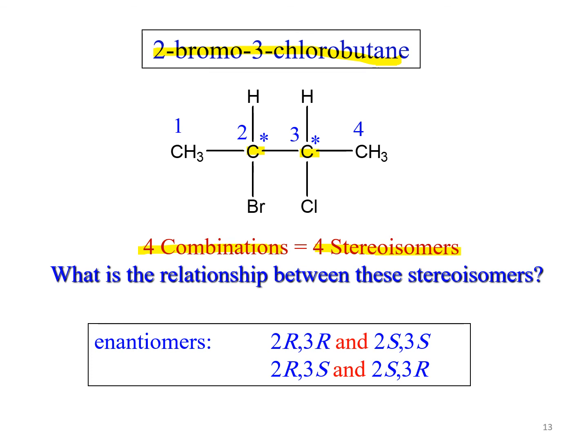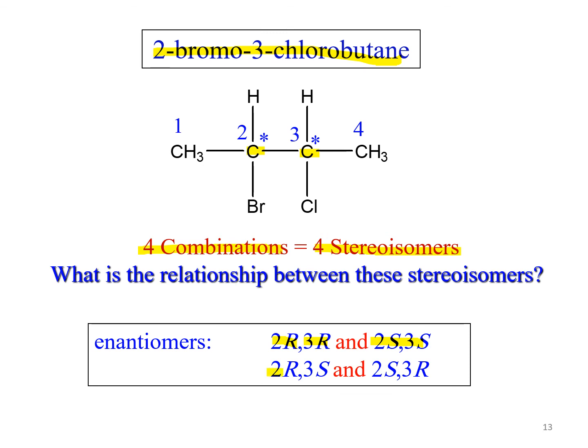Now looking at the possibilities, the second carbon can be of R configuration, so we get a 2R and 3R combination, where both the second and third carbons are of R configuration, whereas both can be S configuration as well, so 2S and 3S will be the structure.